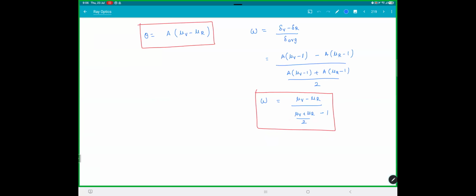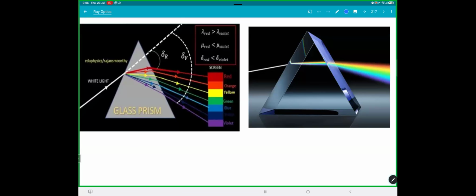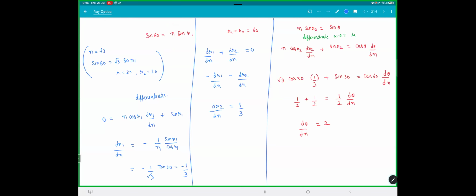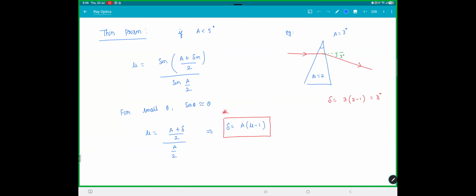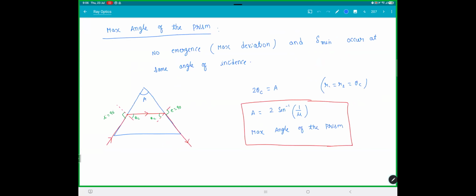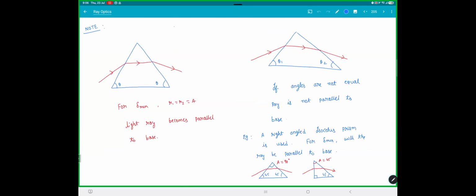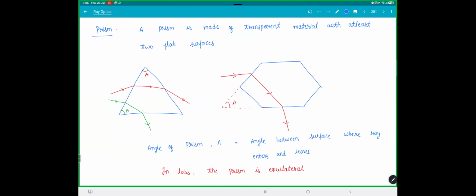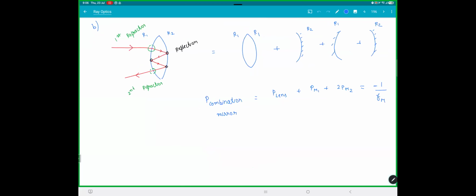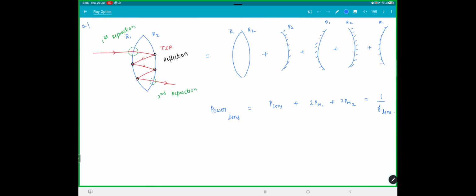Maybe you can count these things instead of those two, so still 10. And then Cauchy's formula, just remember it. 11, 12, 13, 14, 15, 16, 17.